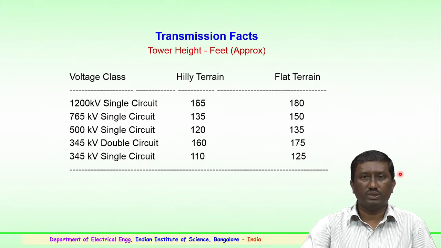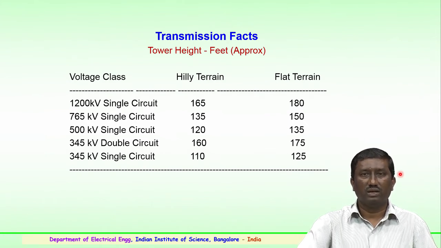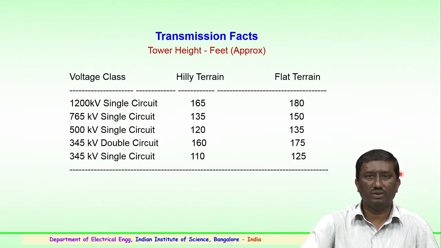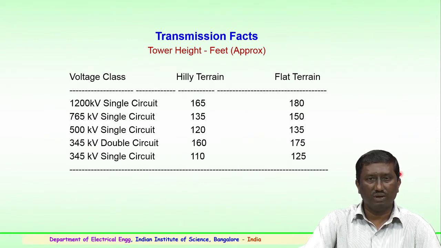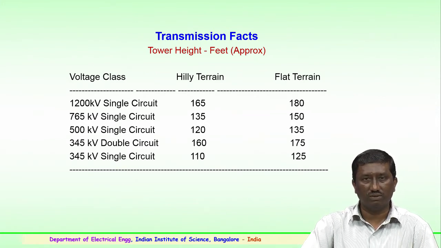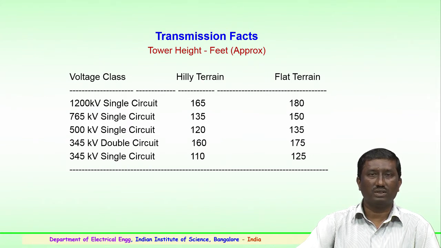So, some transmission facts: this gives an idea of the total height of the tower, with brief information for 400, 500, 765 and 1200 kV towers.